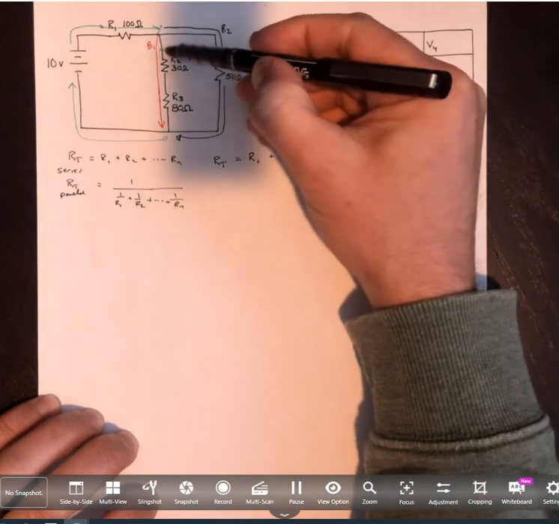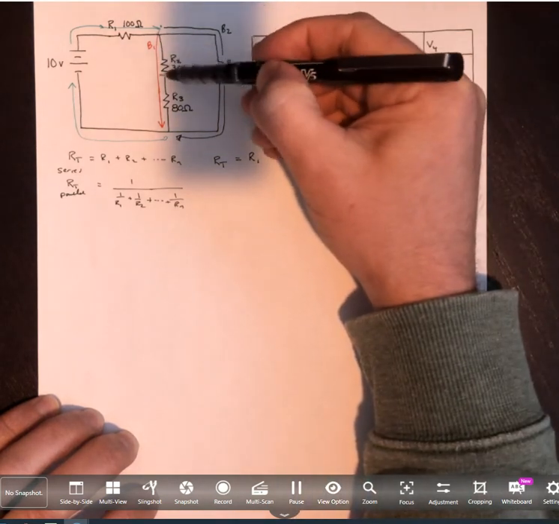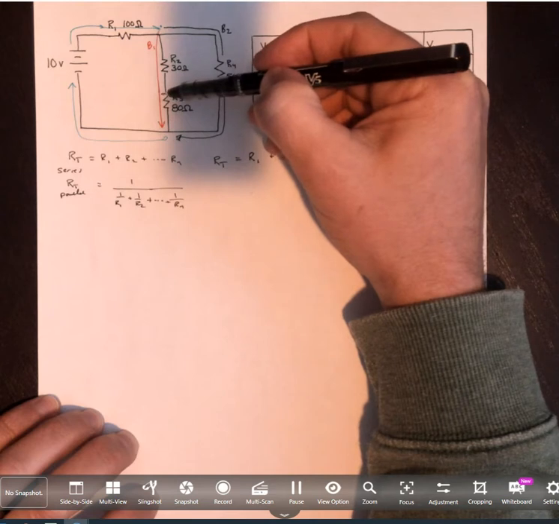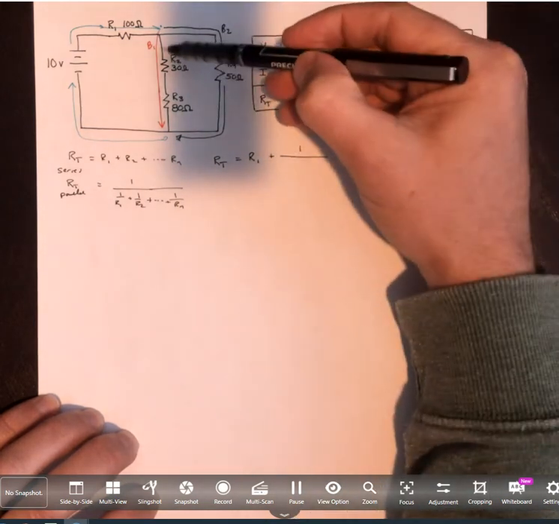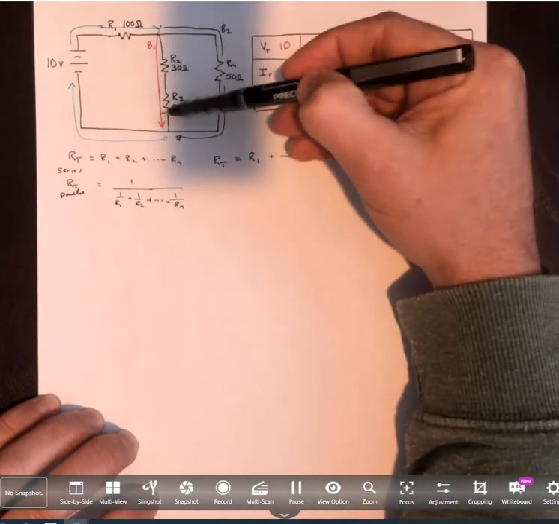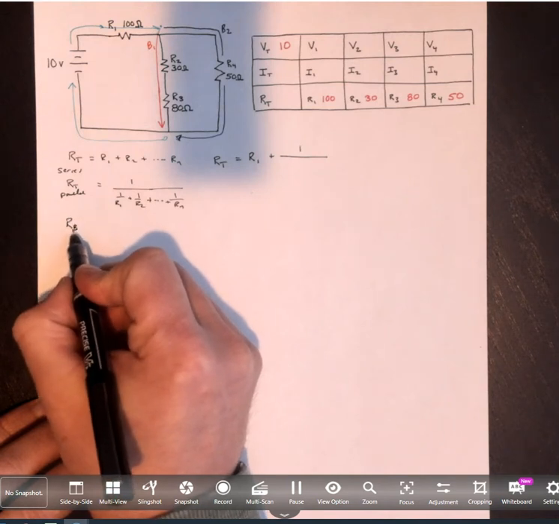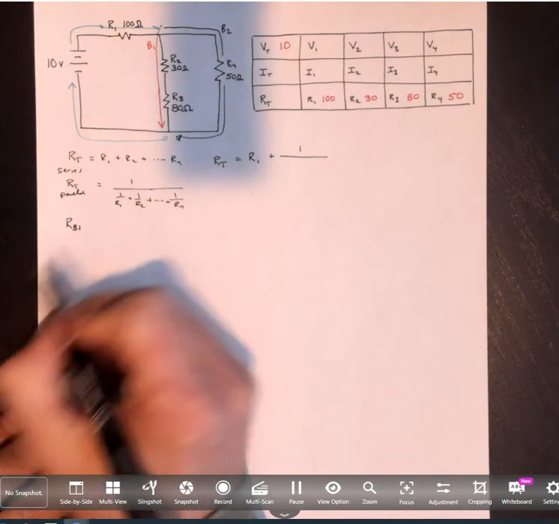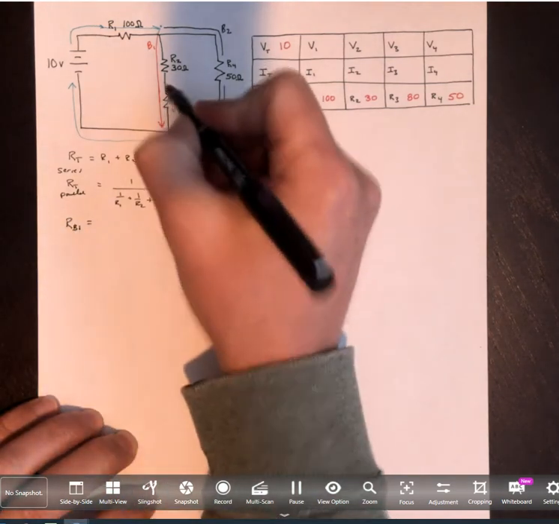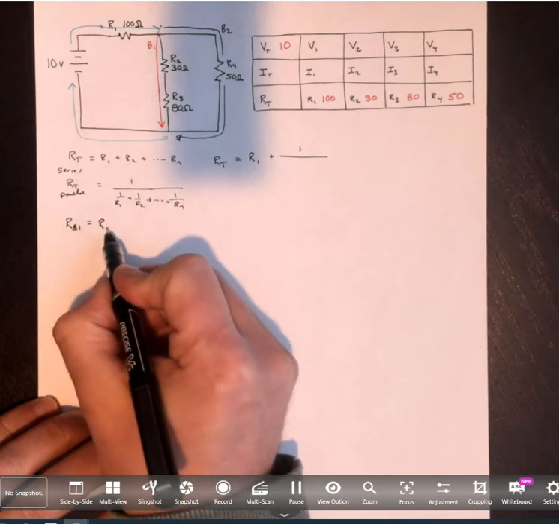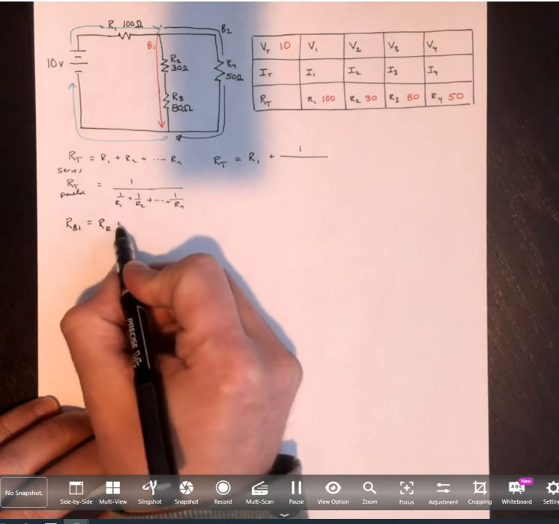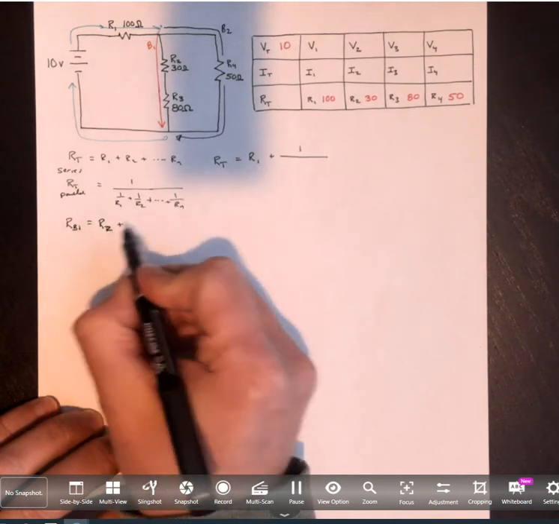Well, in this branch, it's not quite that simple. I don't have a single resistor, I have 2. So I really need the resistance of this branch. The resistance of branch 1, since those are in series, would really just be the sum of those 2 resistors. Oh, that was supposed to be a 2.